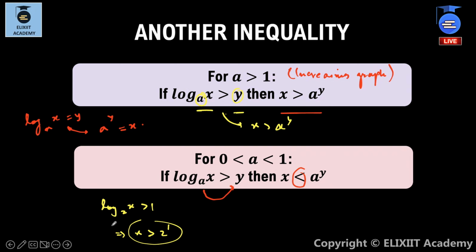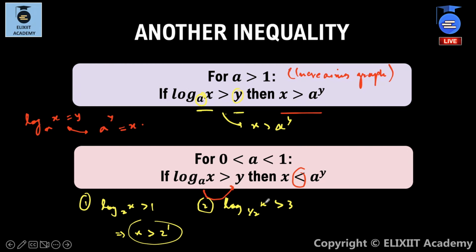Let's take one more example, in case this is not clear. Suppose you are asked to find, let's say, log x base half is more than 3. If you're asked to find the values of x for this, what will you do? Obviously, in this case, observation. What is the observation? The base is half, lying between 0 to 1.